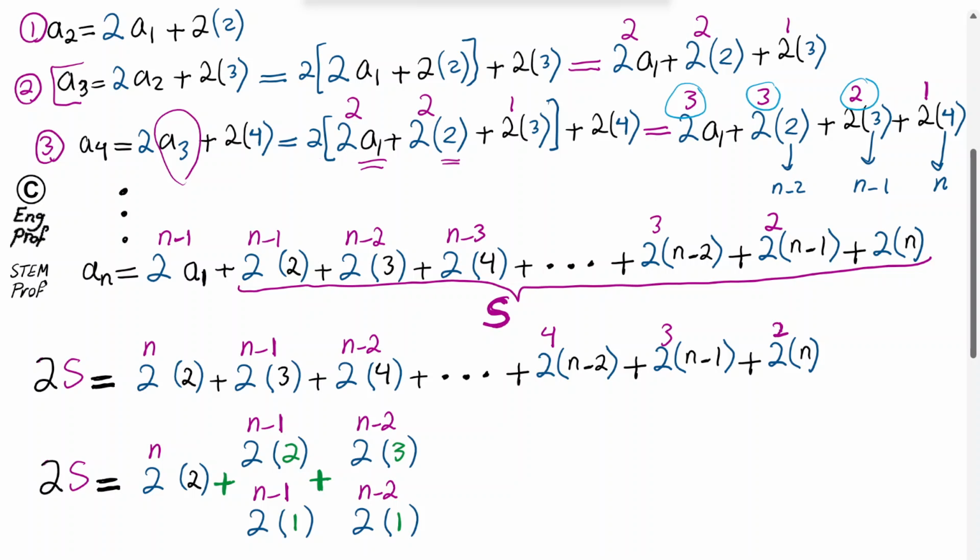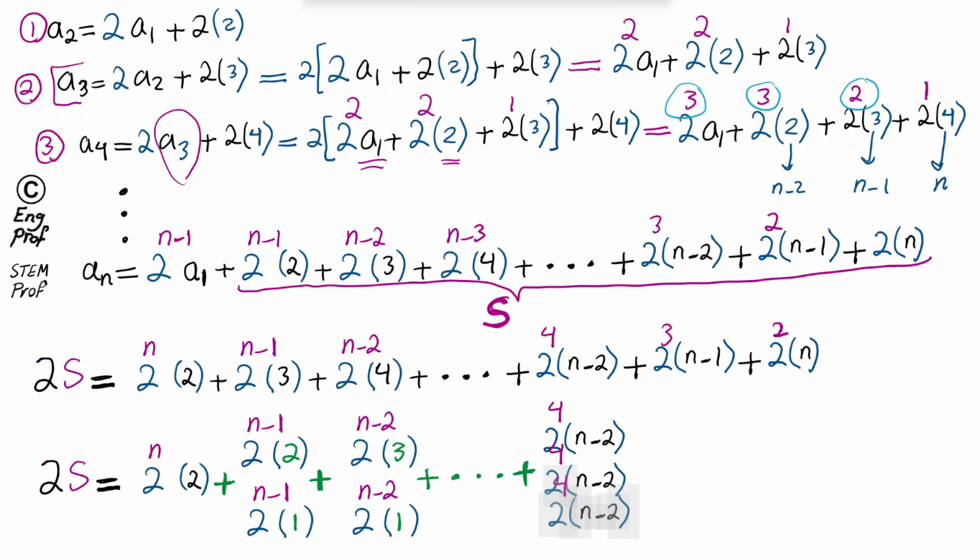Okay, and now let's not repeat for the part that is represented by ellipsis, and then instead do it for the rest of the terms. So I can do 2 to the 4 times n minus 2 as, there you go. So instead of n minus 2, I can write n minus 3 and then plus 1.